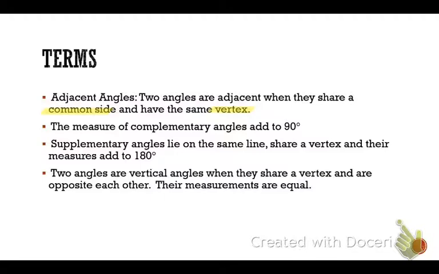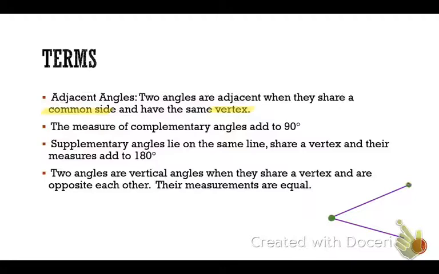You say, what in the world is a vertex? Well, in order to make an angle, let me just show you here on the slide. In order to make an angle, I have to have one side and I have to have another side, right? 2 sides make that angle. The point where those sides meet, that is called the vertex. 3 points make up an angle.